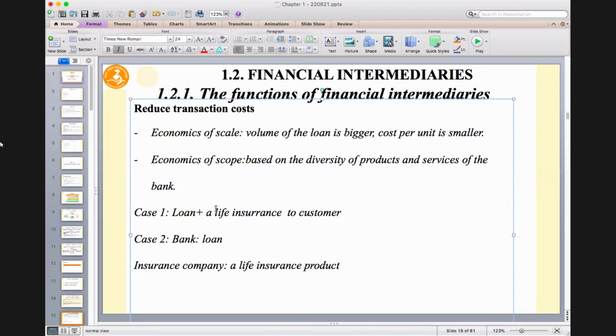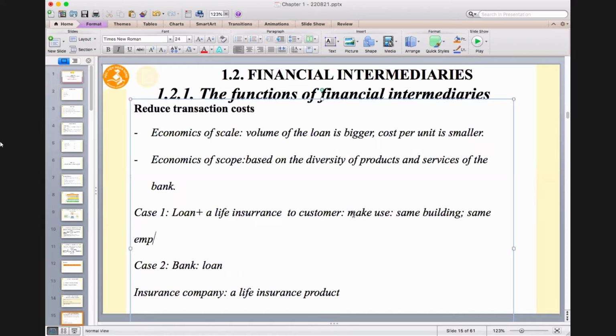So in the first case, the bank can make use of the same building, the same employee when providing two services to the customer.